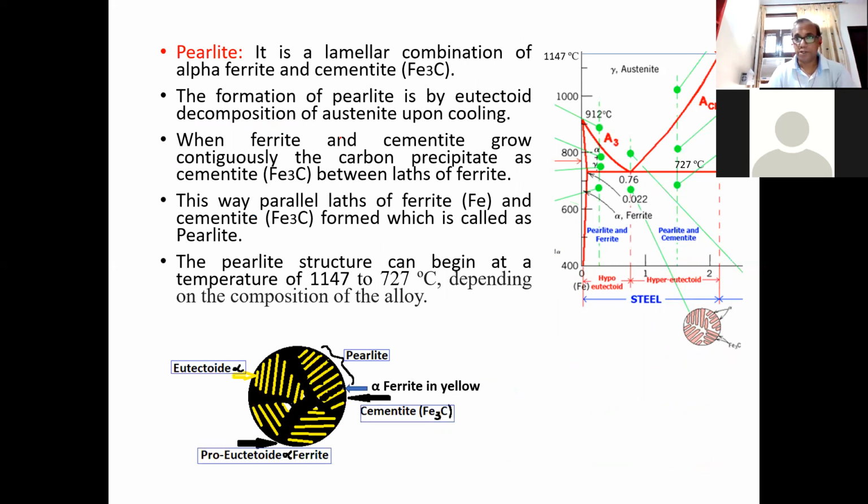Remember, alpha ferrite is this part having 0.02% of carbon, and cementite is Fe3C. These are the laminar or parallel laths of alpha ferrite and cementite, called pearlite, and the structure looks like this.